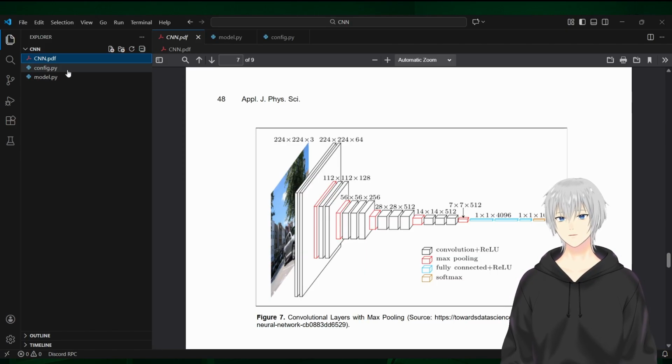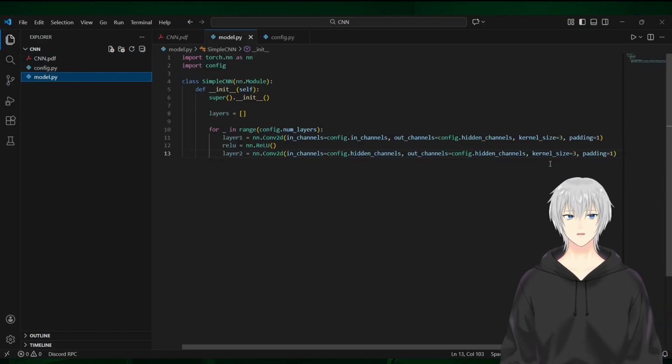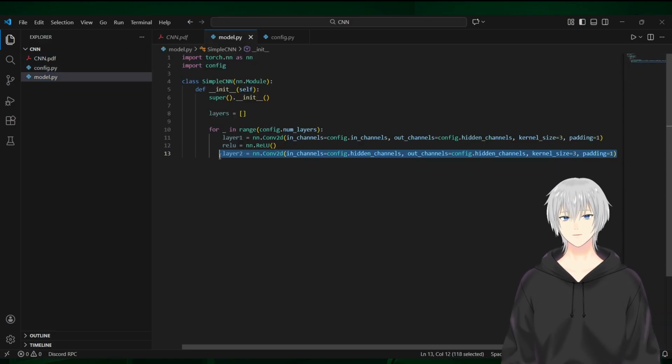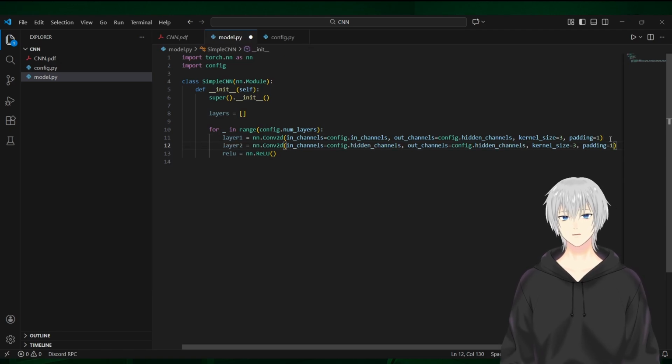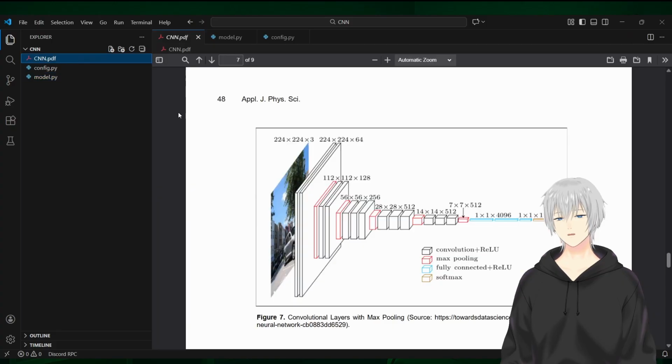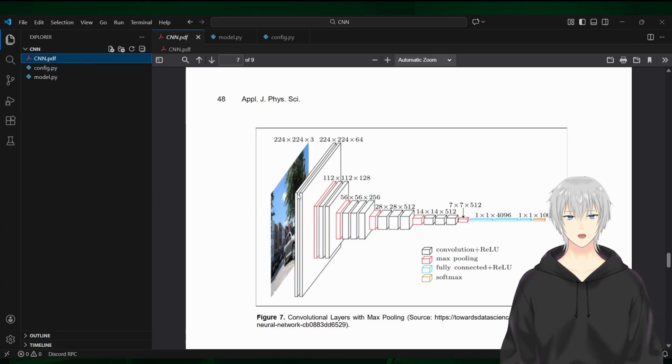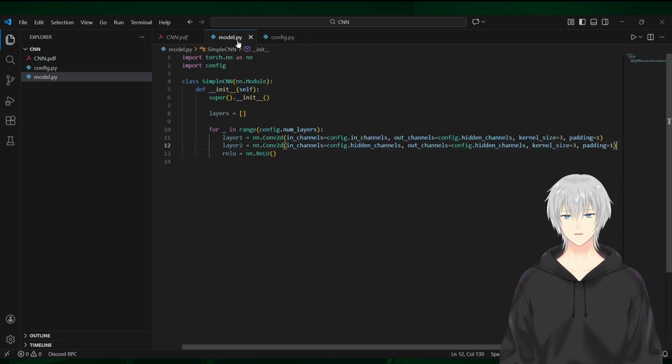So that is convolutional plus ReLU and then convolutional plus ReLU.